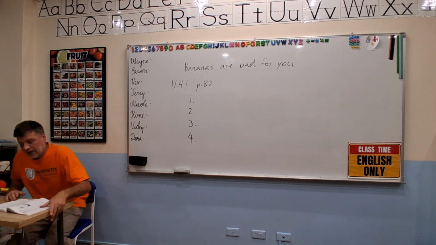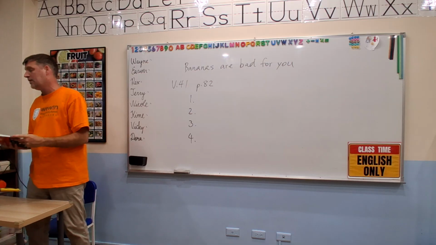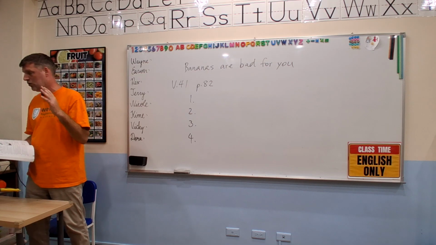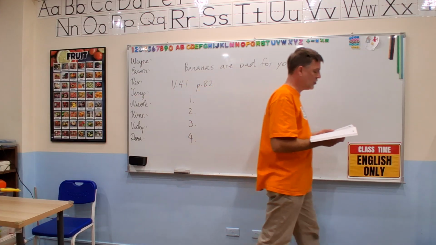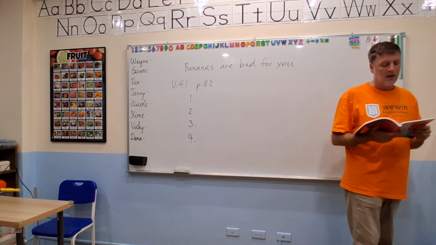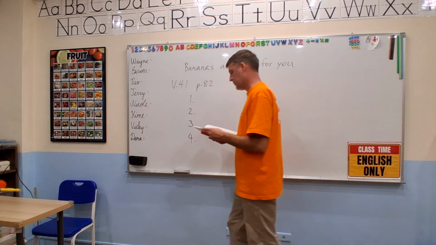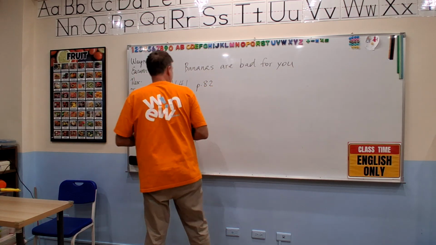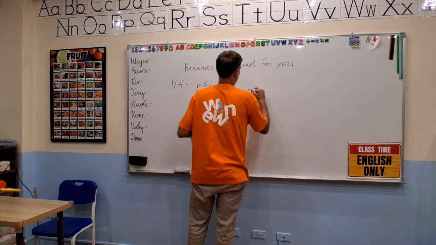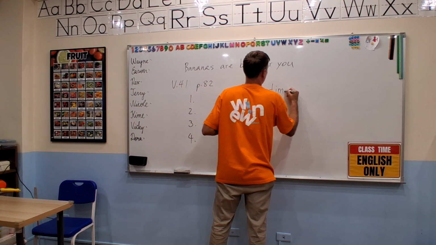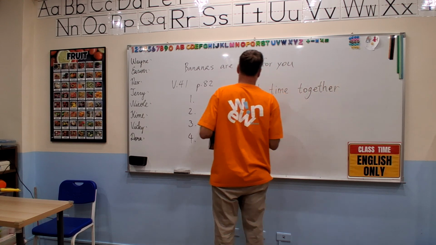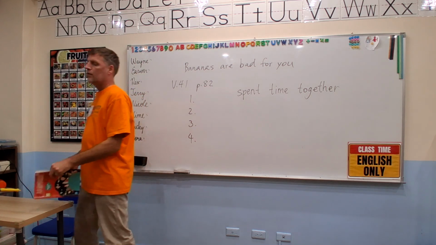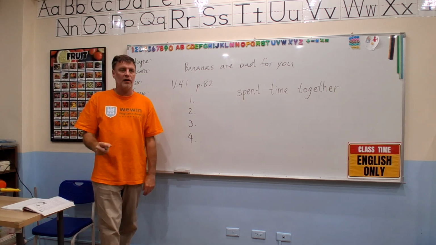Alright, so, again, I'll read it, and then please highlight something, okay? Just do the words I do. So, bananas are bad for you. Pearl and June were good friends and spent most of their time together. Spent time together.